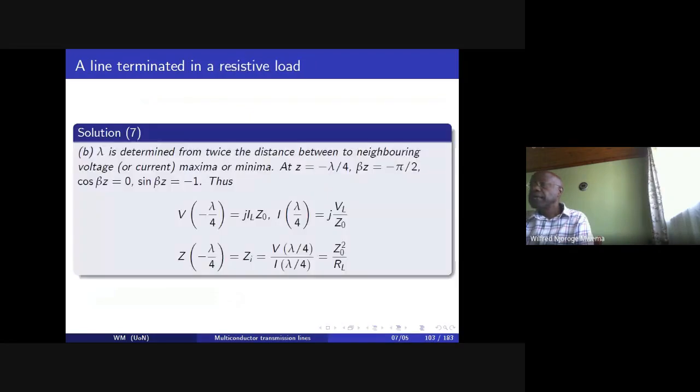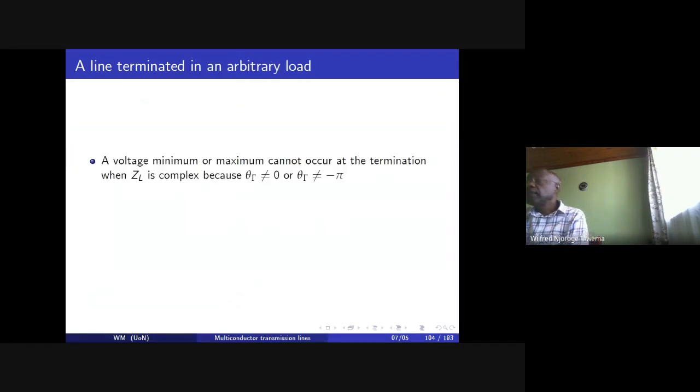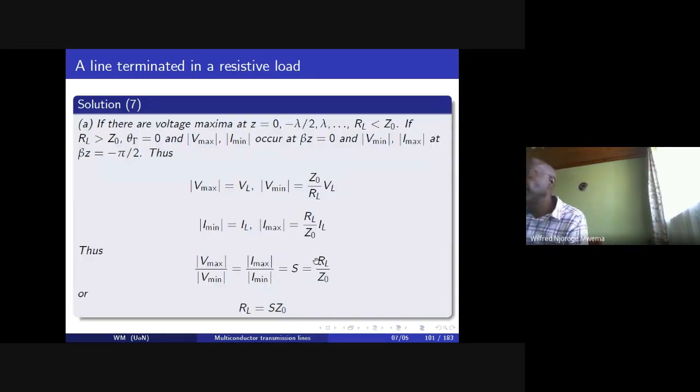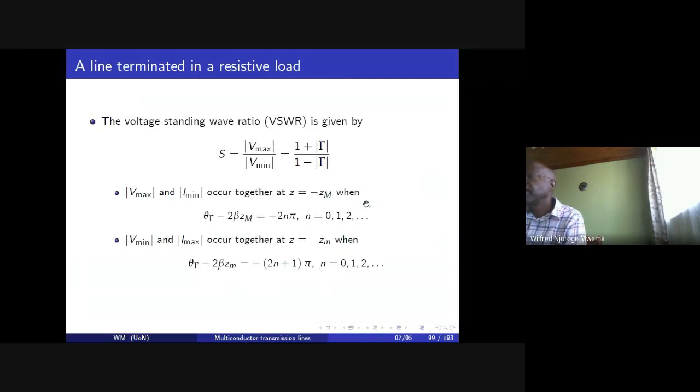Okay, where is that? What did I do? I have a problem with my value here. It has stopped.